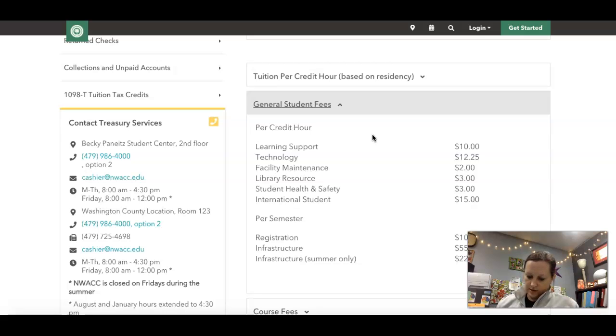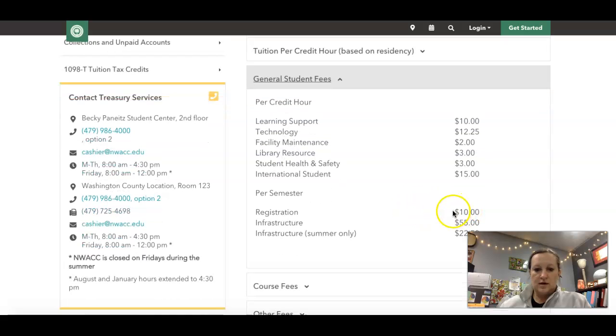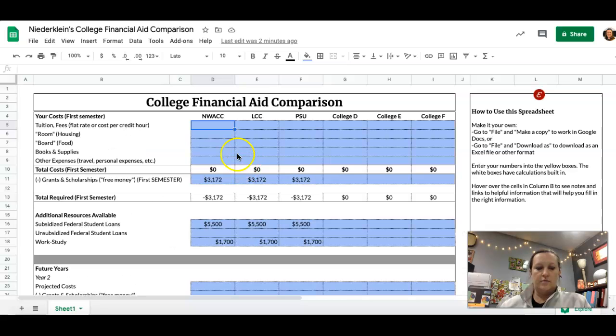Going to pause and then come up with my other response. The additional fees are about $30 per credit hour. So $30 times 18 credit hours is $540. And then per semester, I have a registration and an infrastructure fee, so another $65 total. This right here is tuition and fees.